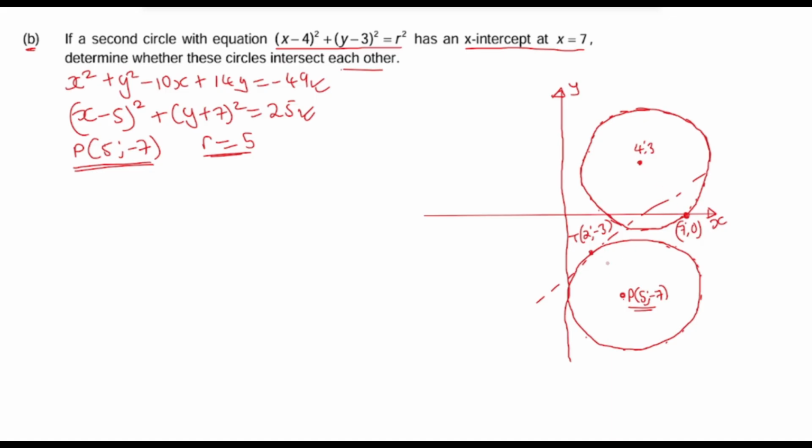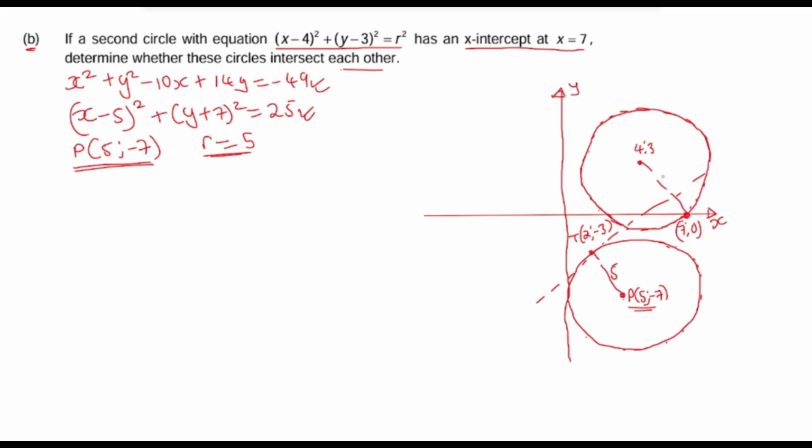We have this one already, which is 5, and then we need to find this one. We add these two, and then compare them to the distance between the two centers. If the distance between the two centers is greater than the sum of the radii, then the two circles are not intersecting, okay?